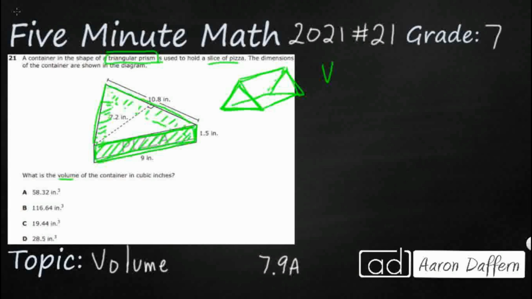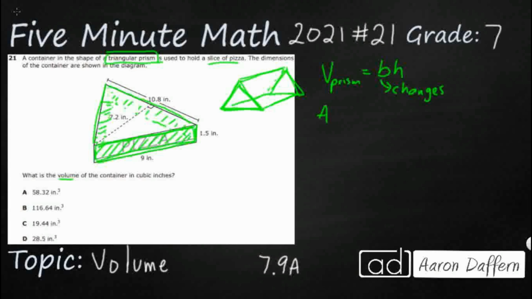Volume for any prism, doesn't matter if it's a triangular prism, rectangular prism, or hexagonal prism, is base times height. Seems pretty easy. The height is pretty easy. It's this base that changes, because it changes based on what the base is. So in this case, we have a triangular base. So let's figure out the area.